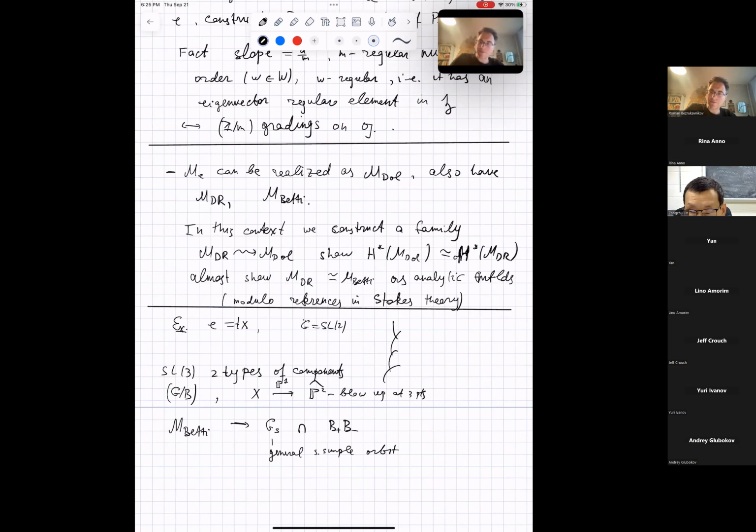So this B plus B minus comes from Stokes data. So these are matrices in a given conjugacy class with a Gauss decomposition.